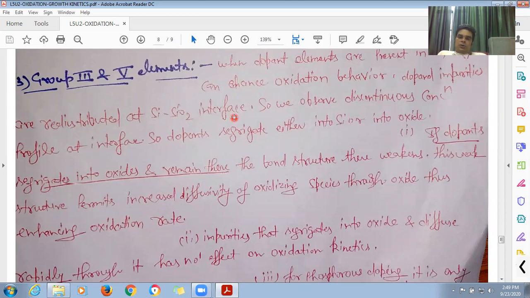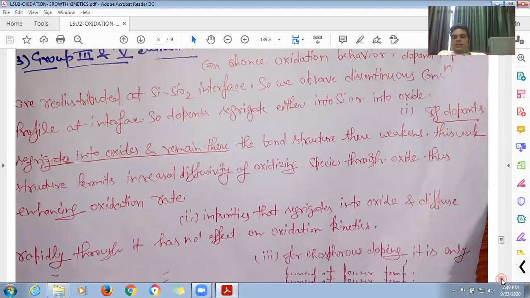If dopants segregate into the oxide and remain there, the bond structure will be weakened. This weakened bond structure will permit increased diffusivity of the oxidizing species through the oxide. Thus, this will enhance the oxidation rate.